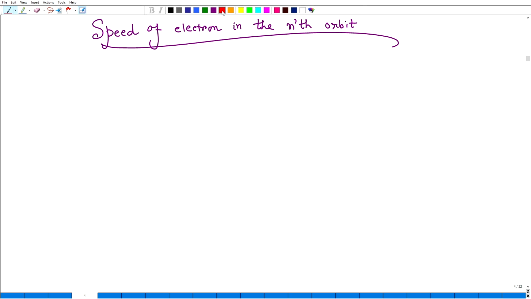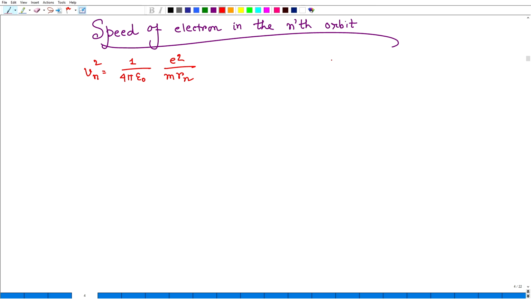So what was the expression of Vn? If you remember, the basic condition was mvr equals nh by 2 pi, right? And Vn square was 1 by 4 pi epsilon naught e square by m Rn, because we have put z equals 1.